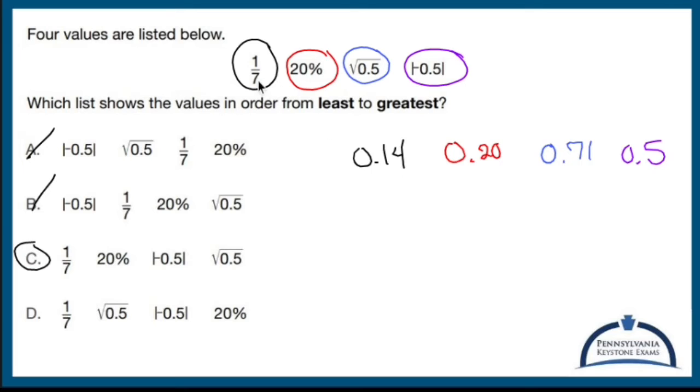These first two are my first two, least to greatest, and then 0.5, maybe I should have put 0.50, will come before 0.71. So this is a calculator section problem. It's a matter of throwing everything you can into your calculator, maybe turning it into two, maybe three decimals, whatever works for you, and then finding out smallest to largest. That's it.